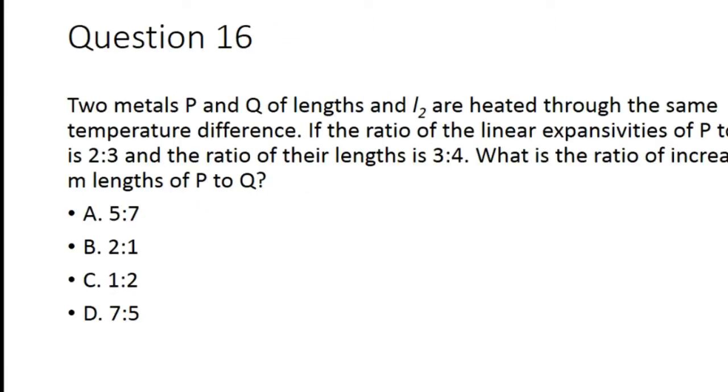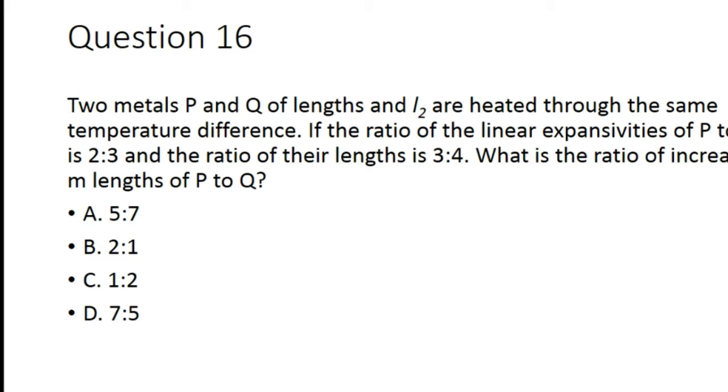16. Two metals P and Q of lengths L1 and L2 are heated through the same temperature difference. If the ratio of the linear expansivity of P to Q is 2 to 3, and the ratio of their lengths is 3 to 4, what is the ratio of increase in length of P to Q?